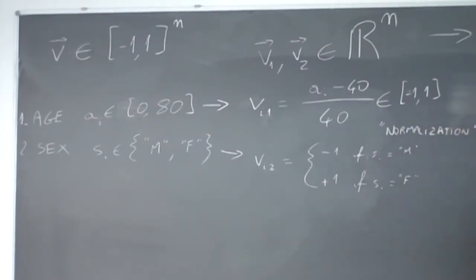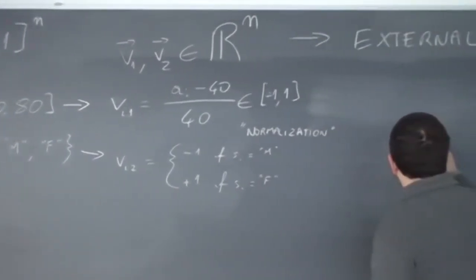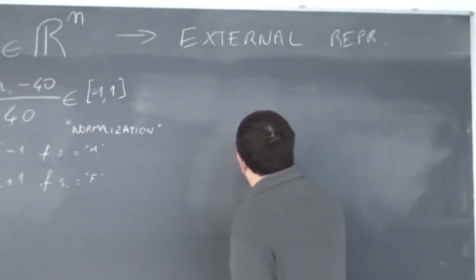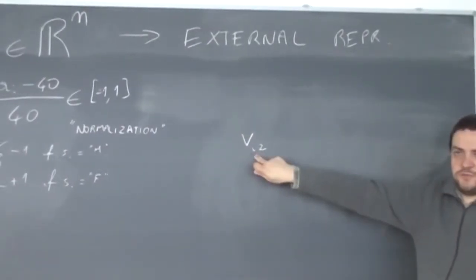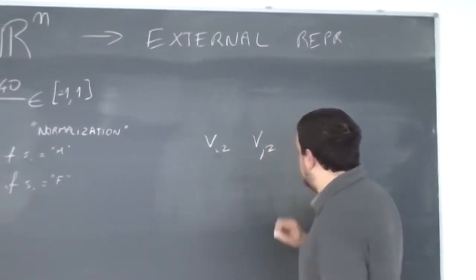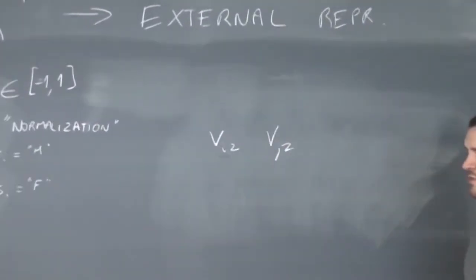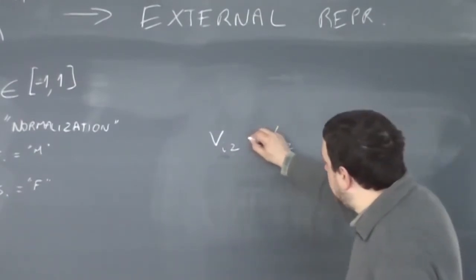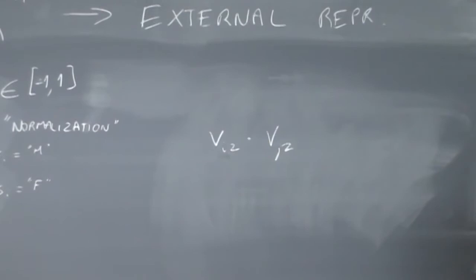In this case, we have another possible measure of similarity. If you take the sex of person i and the sex of person j, a measure of their similarity can be given by multiplying the two numbers.